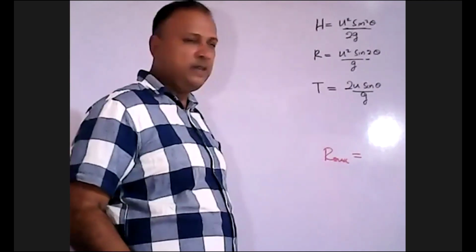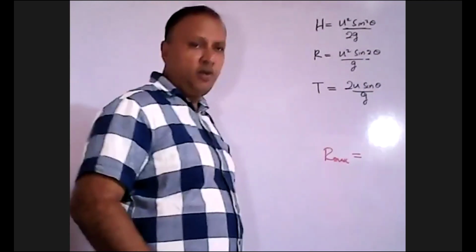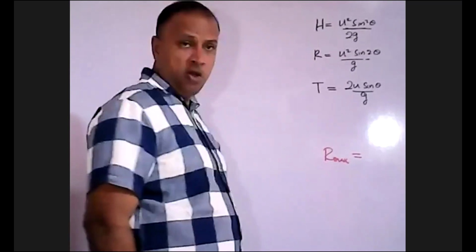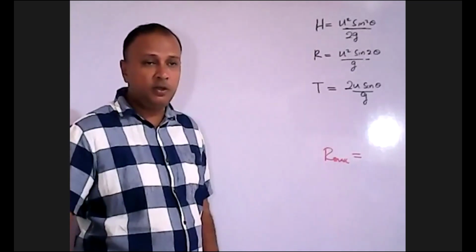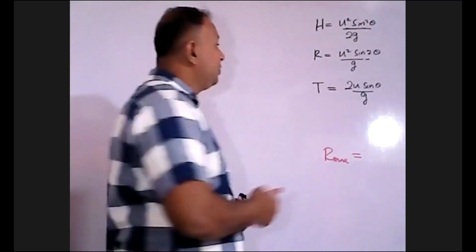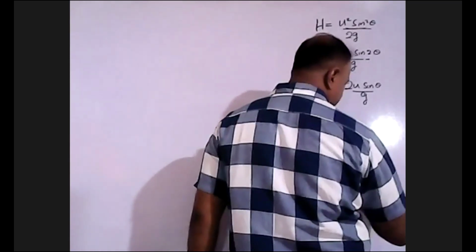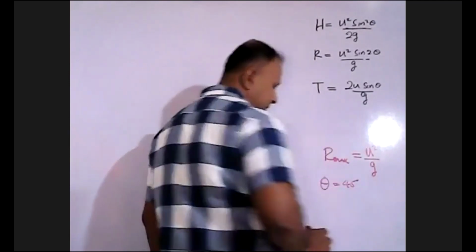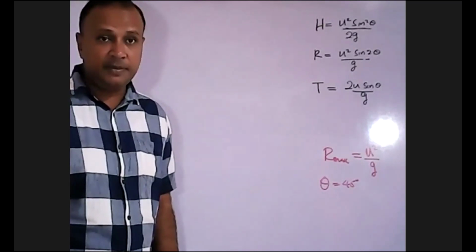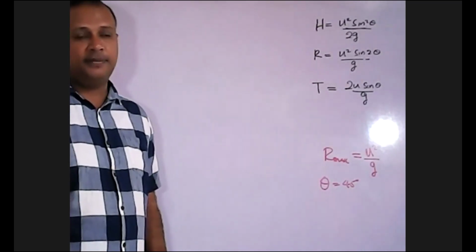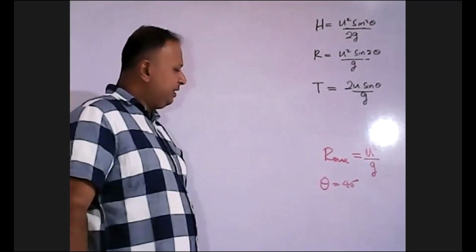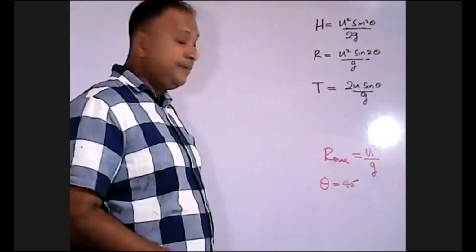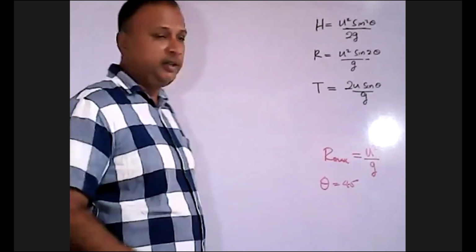If u is given, range depends on sin 2 theta only, and the maximum value of sin 2 theta is 1. Therefore, the maximum range is u squared over g. It comes when theta is equal to 45 degrees.